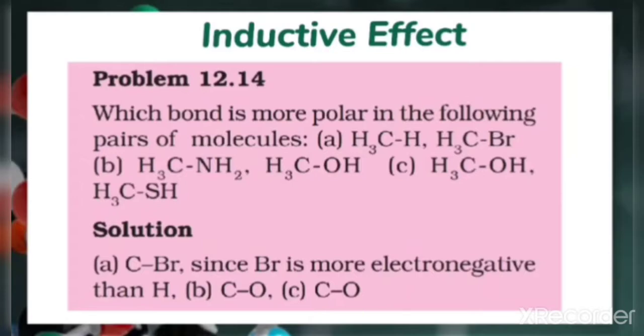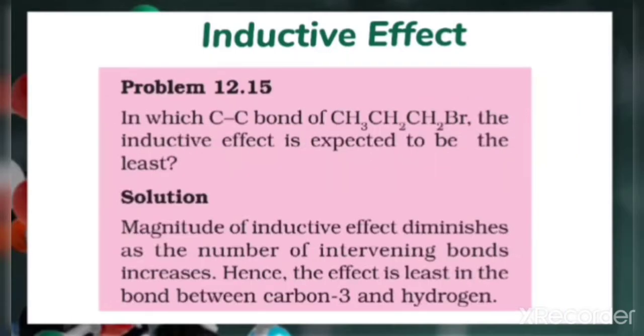So this is problem 12.14. Next, 12.15, in which C-C bond of this molecule is the inductive effect expected to be the least? Here we have three carbon atoms. In which bond is there the least inductive effect, because the magnitude of the inductive effect diminishes as the number of intervening bonds increases?